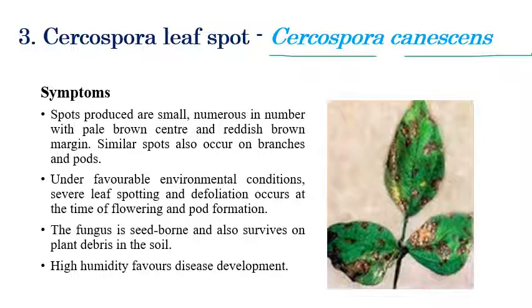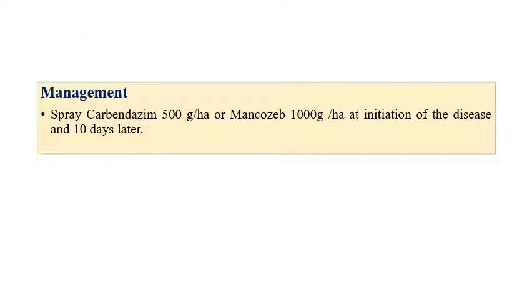Similar spots can also occur on other parts. Coming to the management aspects, spray carbendazim at the rate of 500 gram per hectare or mancozeb at the rate of 1 kilogram per hectare at the initiation of the disease, and one other dose can be recommended after 10 days of initiation of the disease.